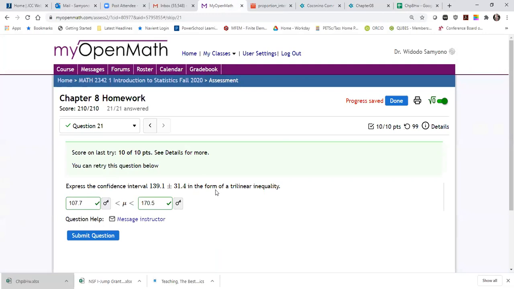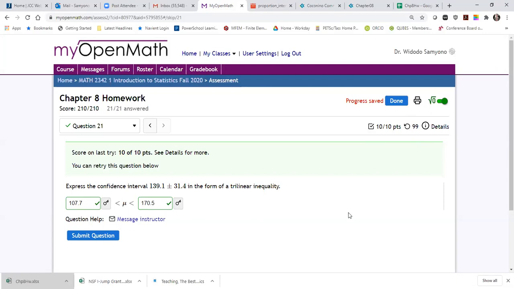Okay, I think that's all right for chapter 11, chapter 8. You just add and subtract, and change the number to the correct confidence interval level, confidence interval form. Okay.